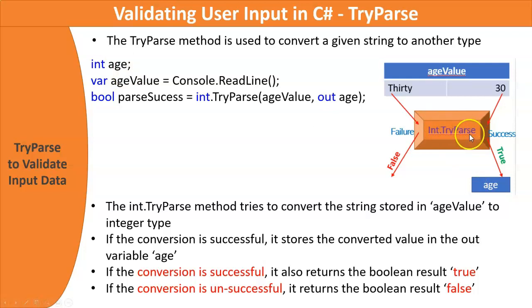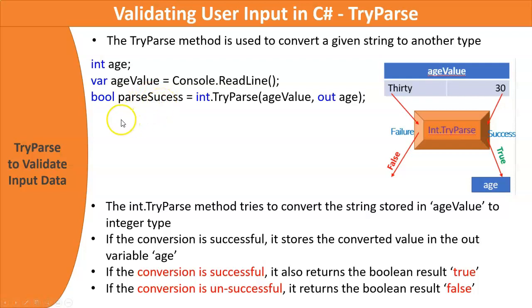From this, we can conclude two things. If the conversion using a TryParse method is successful, then it will return a Boolean result true that will be stored onto the left hand side Boolean type variable, and at the same time the successfully converted integer form of data will be stored automatically into the out variable age. In the next stage, we can check whether the conversion was successful by examining the content of the Boolean type variable.